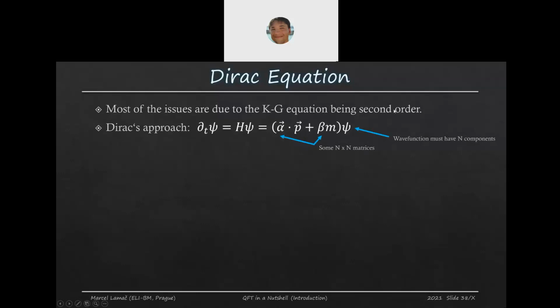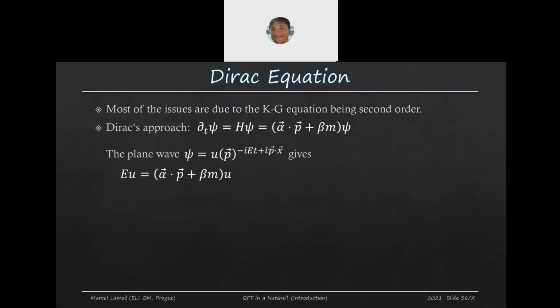In that case, the wave function must have n components, because how would an n times n matrix act on some scalar, right? It must be an n component wave function. So the plane wave ansatz gives us the following equation.